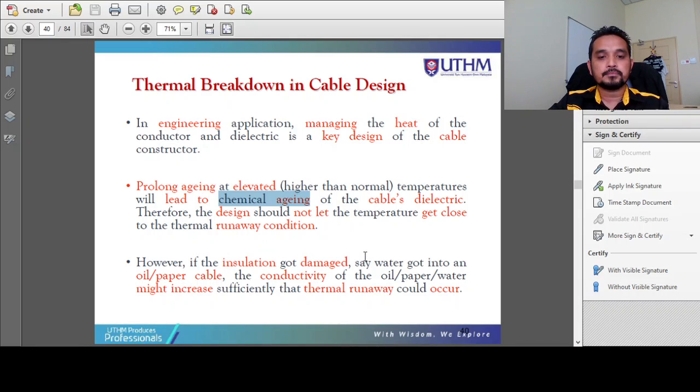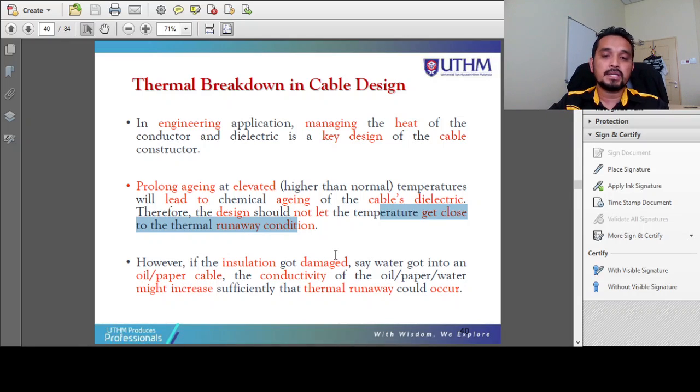That's why for engineering purposes we should design the cable or any power system appliance so as not to let the temperature get closer to the thermal runaway condition.